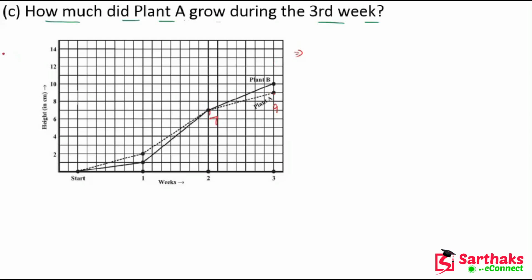So we can write plant A grew 9 centimeter minus 7 centimeter, which equals 2 centimeter during the third week. This is the answer.